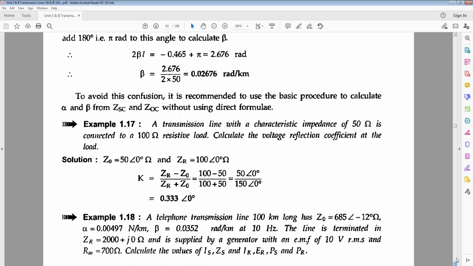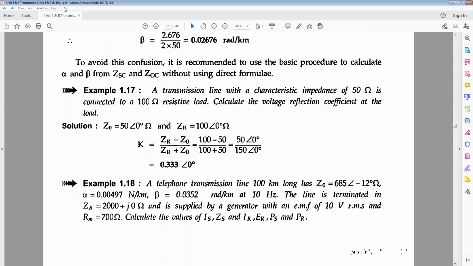A transmission line with a characteristic impedance of 50 ohms is connected to a 100 ohms resistive load. Calculate the voltage reflection coefficient at the load.